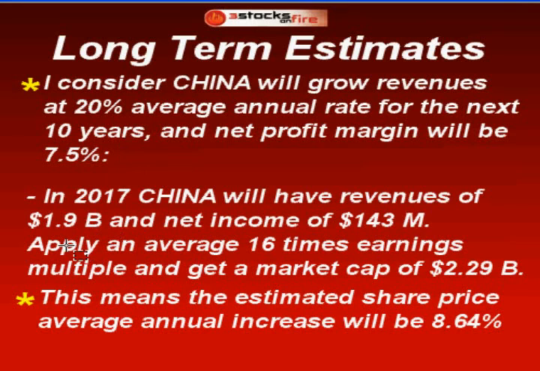Apply an average 16 times earnings multiple and get a market cap of 2.29 billion. This means the estimated share price average annual increase will be 8.64%. Well, this is without any dilution, because if there's dilution it will be less than 8.6%.